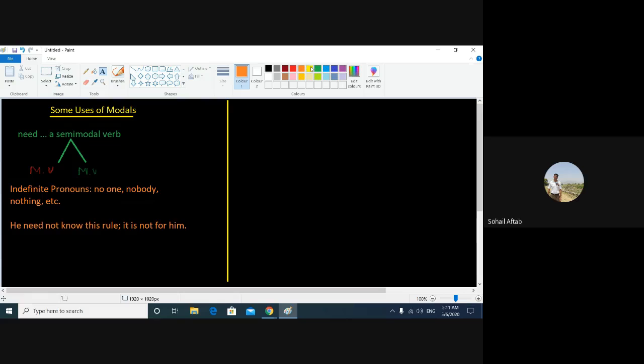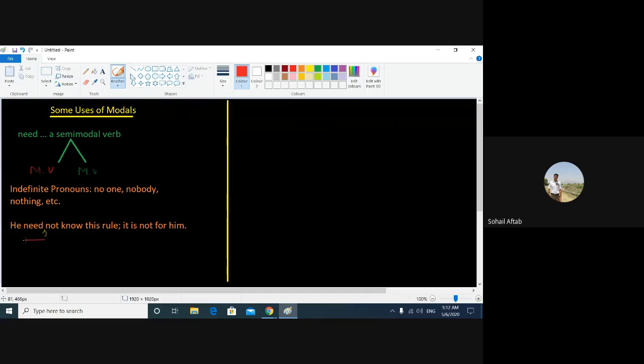Mostly, when the subject is singular, we use needs and not need. With he, she, it, what exactly we do, we add s or es here. But in this case, if you use s or es, that will be incorrect.